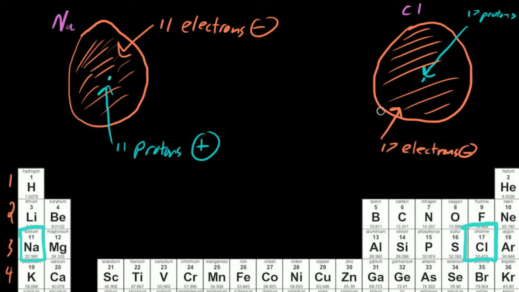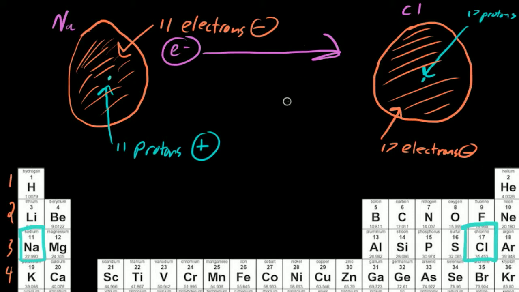One of the things that was a little bit difficult for me to comprehend was that somehow, if this sodium atom gave away one of its electrons, and that's essentially what it wants to do, it wants to give an electron to chlorine, and chlorine really wants to take that electron.